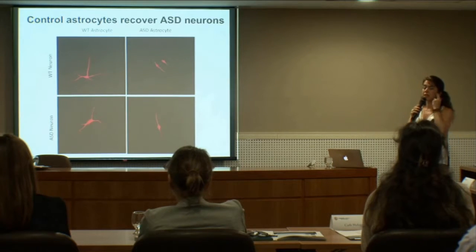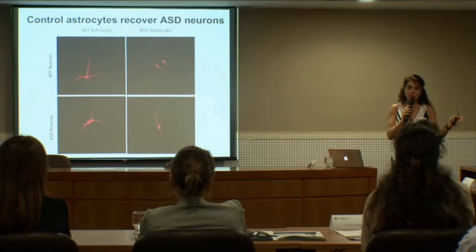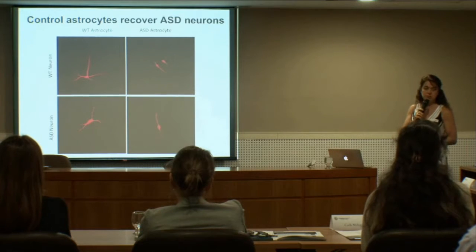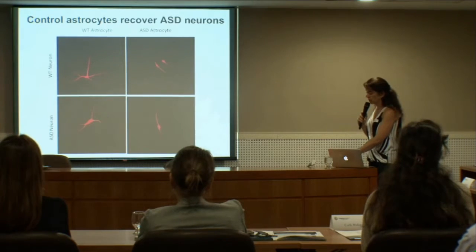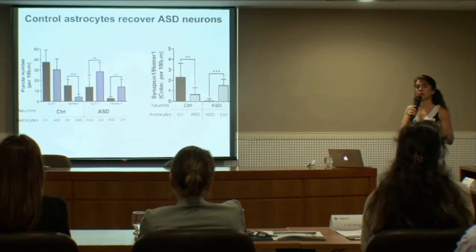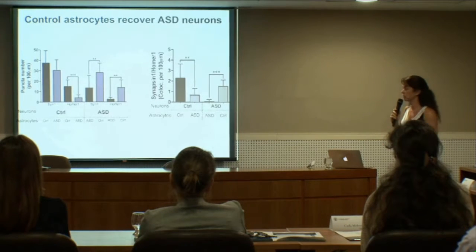So this means that maybe with autism, we just look at the neurons, but maybe there's something on the astrocytes that we should pay attention to. Not only the morphology, we also counted the number of puncta again. We also tried to measure the synaptogenesis.